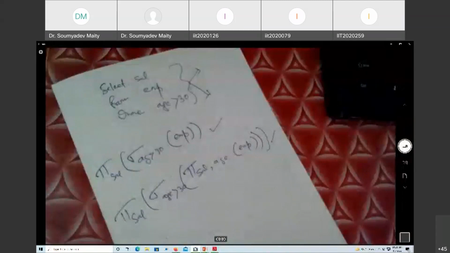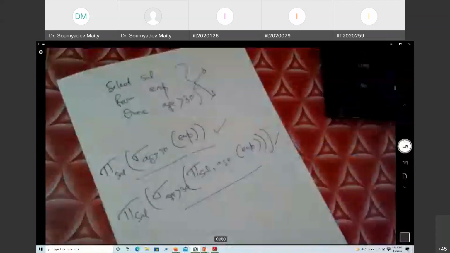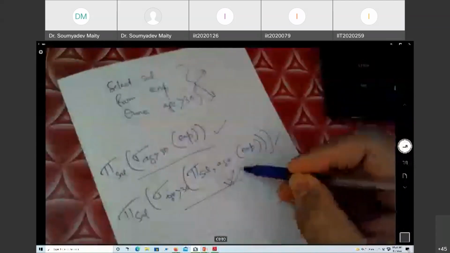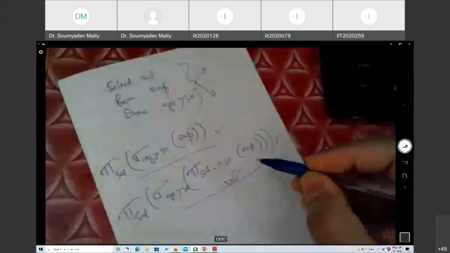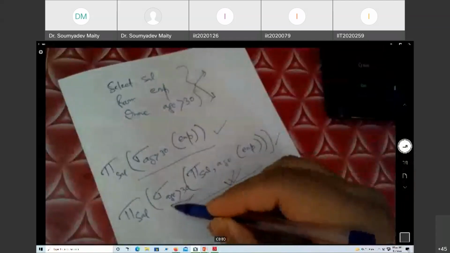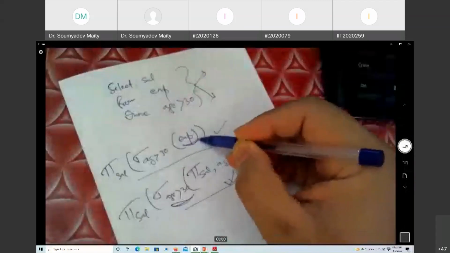But maybe most of you are thinking, why should I do it in this way? This is much simpler. Can any one of you tell me what is the advantage of doing it this way? Can you guess? The point is, before applying the selection condition, what is the input relation? Here, you are taking the original relation.